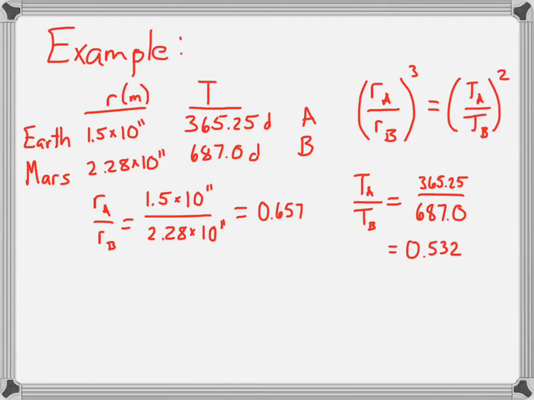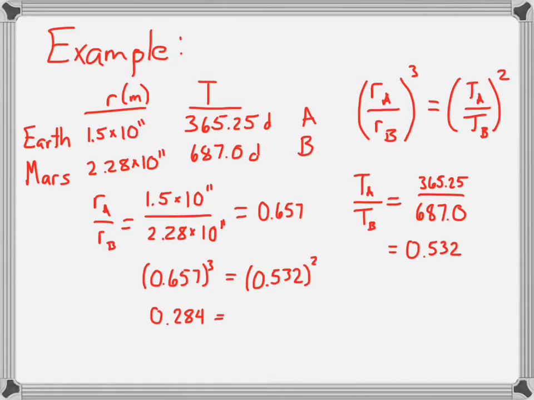All right, so let's test that out. Let's see if 0.657 raised to the third power is really equal to 0.532 raised to the second power. So 0.657 raised to the third power, and when I hit enter, I get 0.284 on this side.